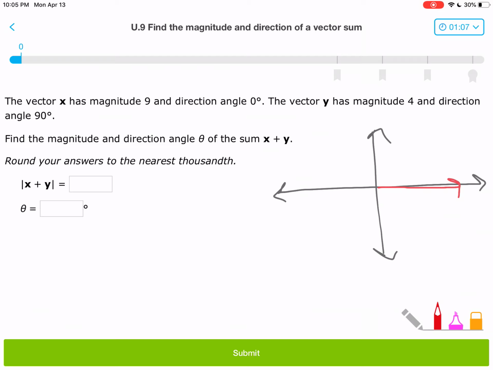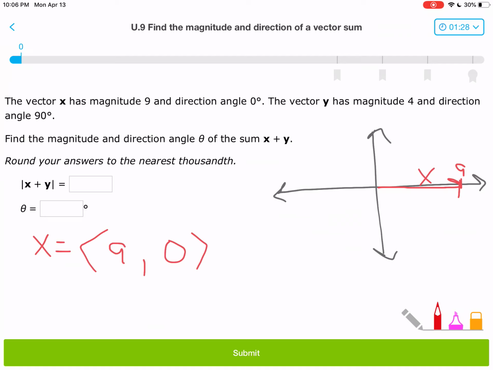So let's say this point where it stops here is 9. So that is vector x. So that would mean that vector x, its component, is a horizontal change of positive 9 and a vertical change of 0, because we are at 0 degrees, so we have no vertical change.